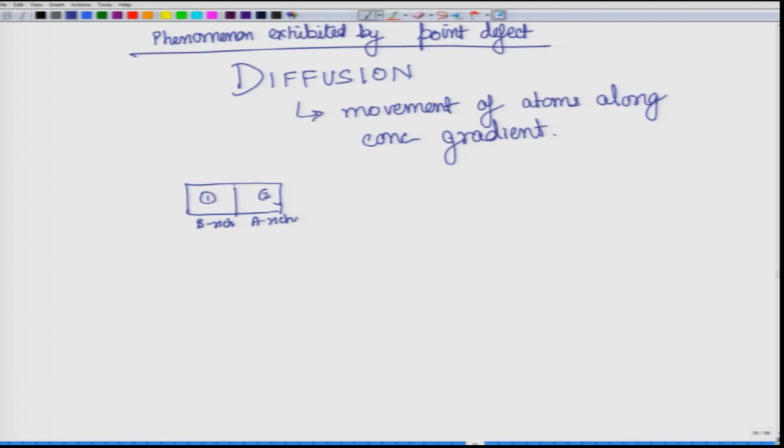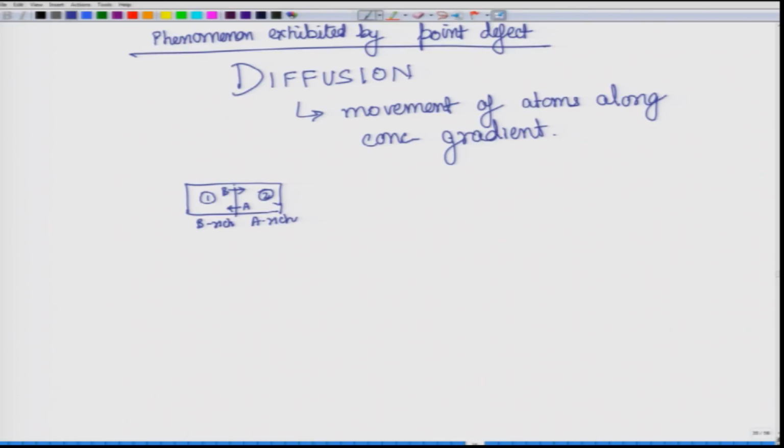This is one material, this is two material. Now, because the system is such, let us say that B atoms are moving from here to over here and A atoms are moving from over here to here. So, you would say okay, this is not a big deal, this is what we expected, but that is not really true.